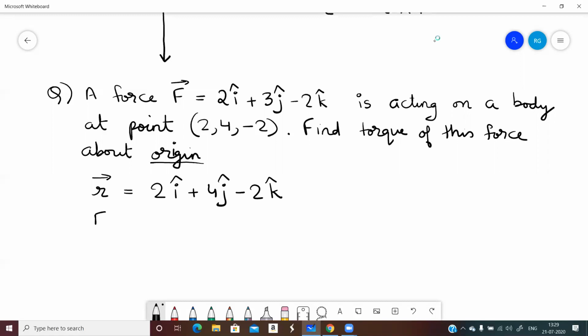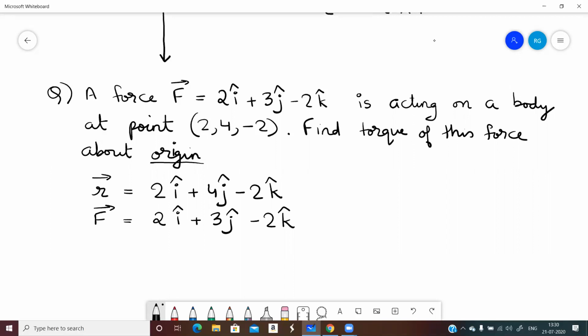And the value of F can be written as 2i cap, because it is already given, plus 3j cap minus 2k cap.